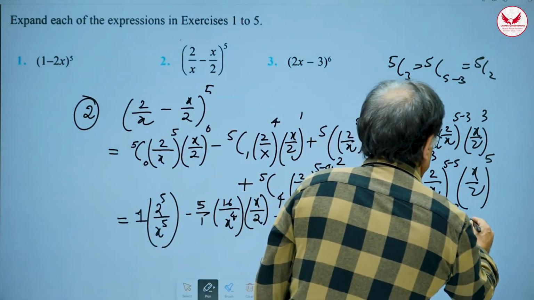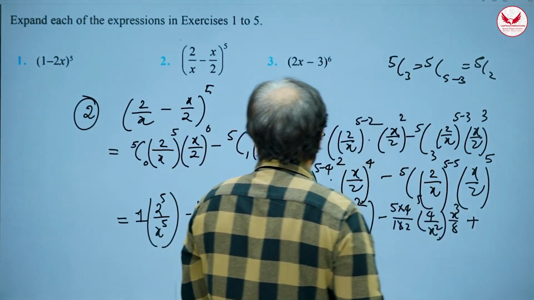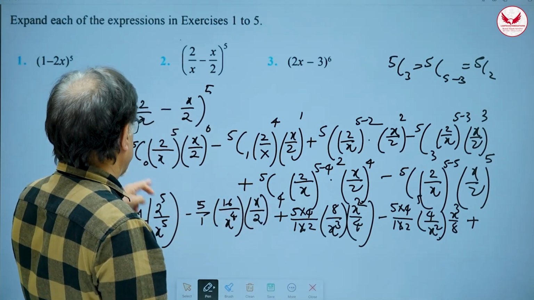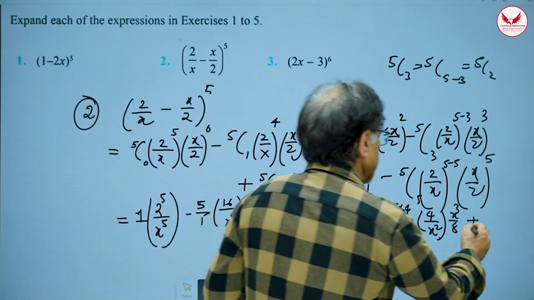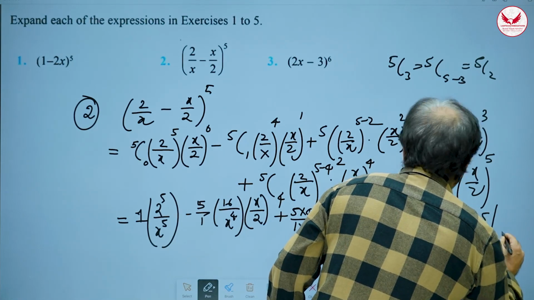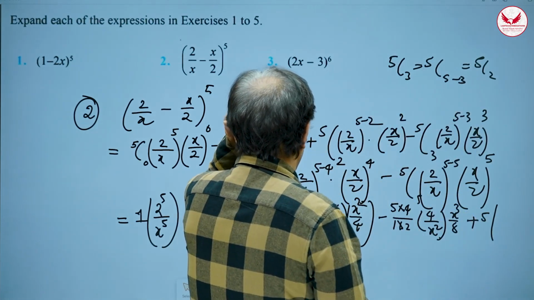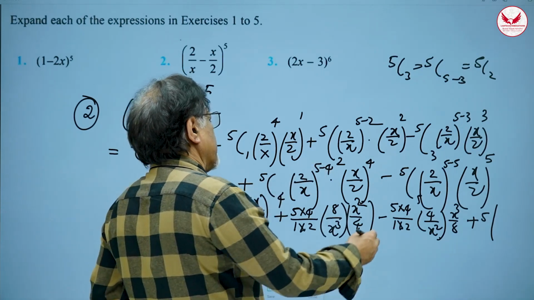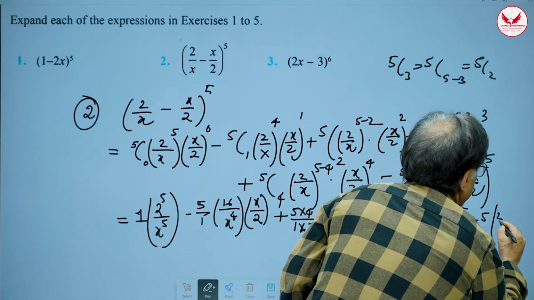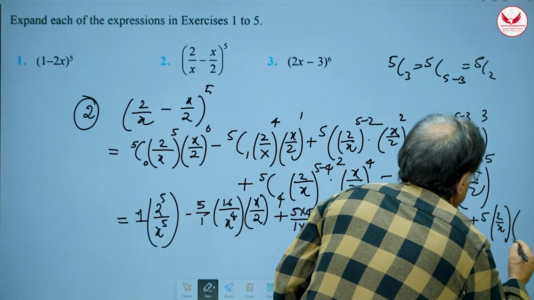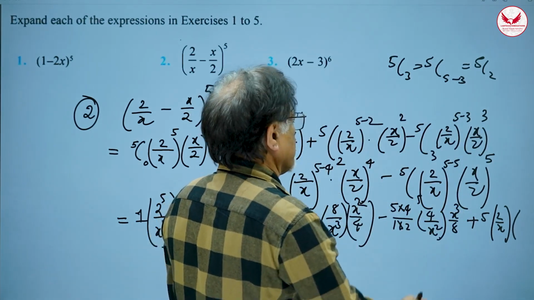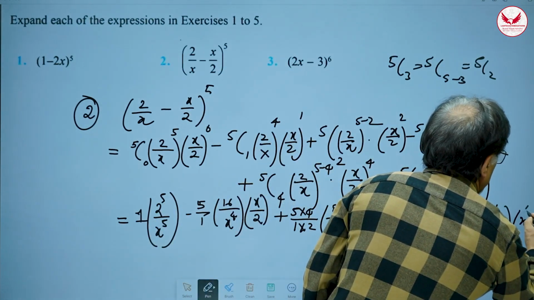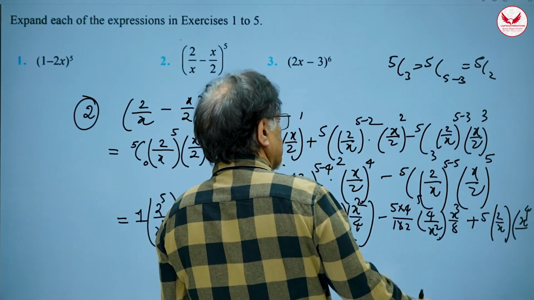Next term is 5c4. Now 5c4 is same as 5c1, and 5c1 we have seen is only 5, correct? So this is 5, multiplied by 2 raised to 5 minus 4, which is 1. So it is 2 upon x. First term is 2 upon x. Second term is what? It is x raised to 4 divided by 2 raised to 4.